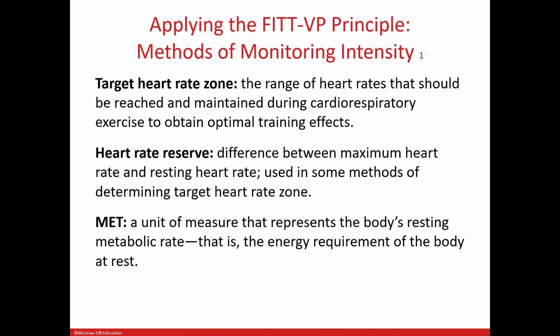Heart rate reserve is the difference between maximum heart rate and resting heart rate, used in some methods of determining target heart rate zones. And MET is a measure that represents the body's resting metabolic rate. So how much energy does your body require at rest?